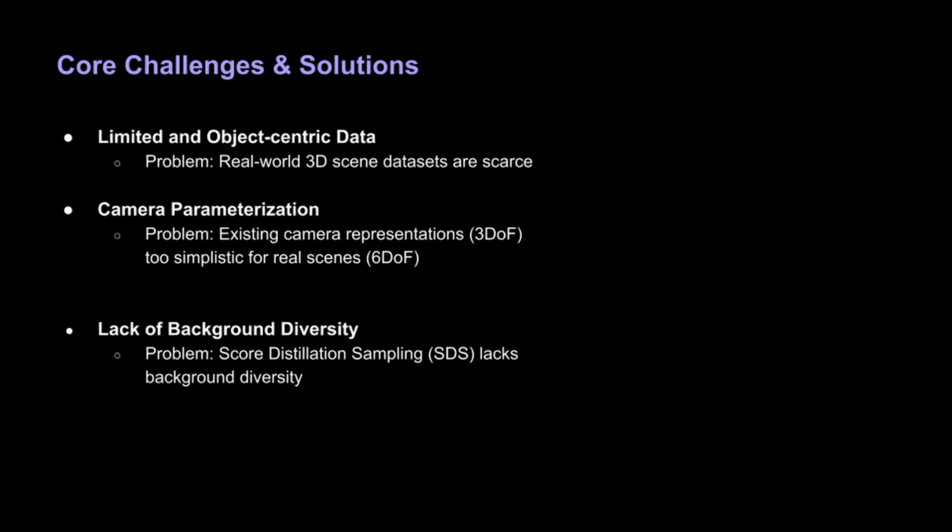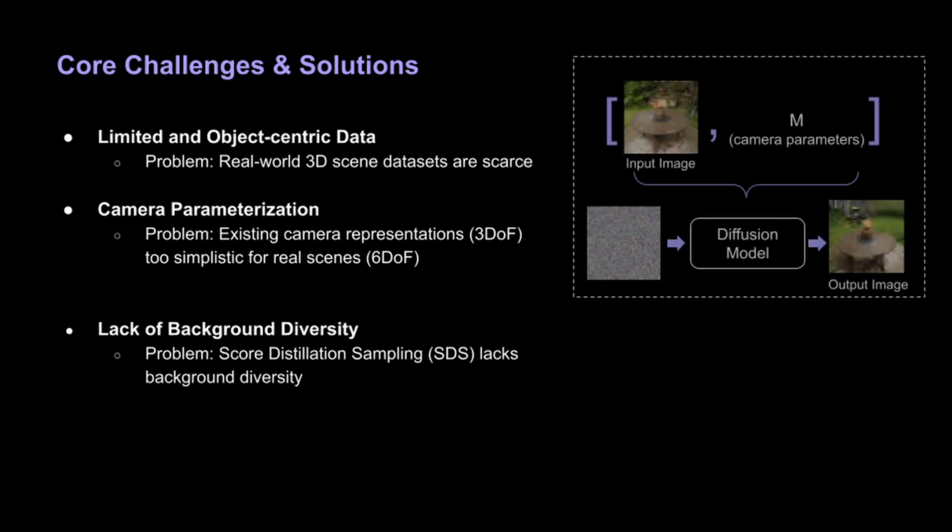To address the limitations, ZeroNVS builds solutions in a two-stage pipeline. Stage 1 is to train a 2D conditional diffusion model to learn to predict novel 2D view conditioned on an input image and target camera parameters. It is trained with a mixture of different datasets to handle diverse indoor, outdoor, and object-centric scenes.